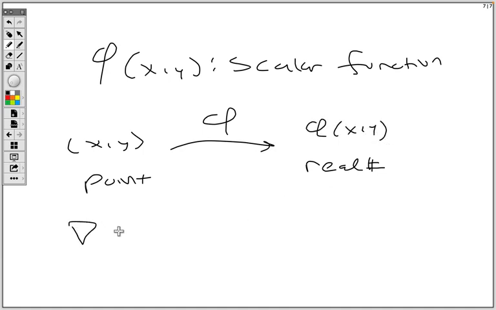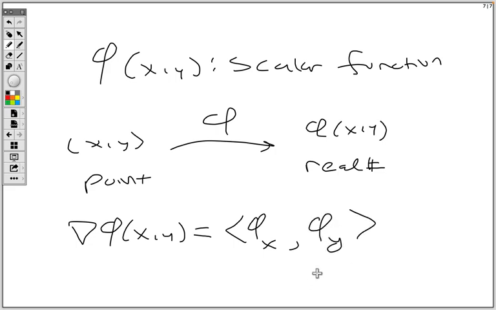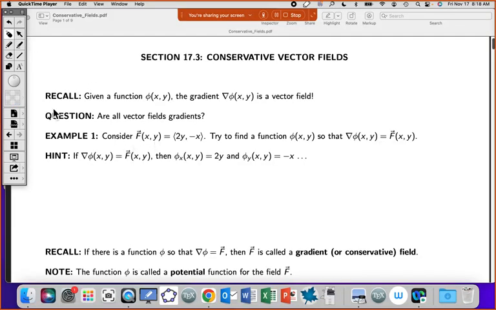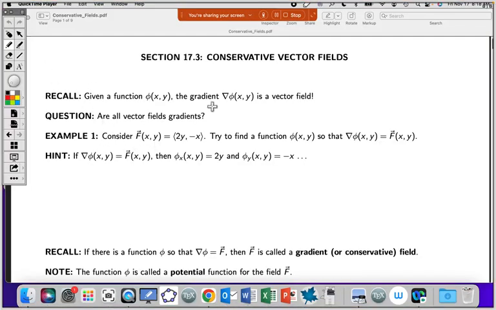And we talked about the gradient of phi going back to chapter 14. It is a vector field. The x component is the partial with respect to x, the y component is the partial with respect to y. And this generalizes to 3-space. So we actually looked at these gradients a couple chapters ago. And so the question is, if you have a scalar function, you can create a vector field by taking the gradient. The question is, are all vector fields gradient fields?